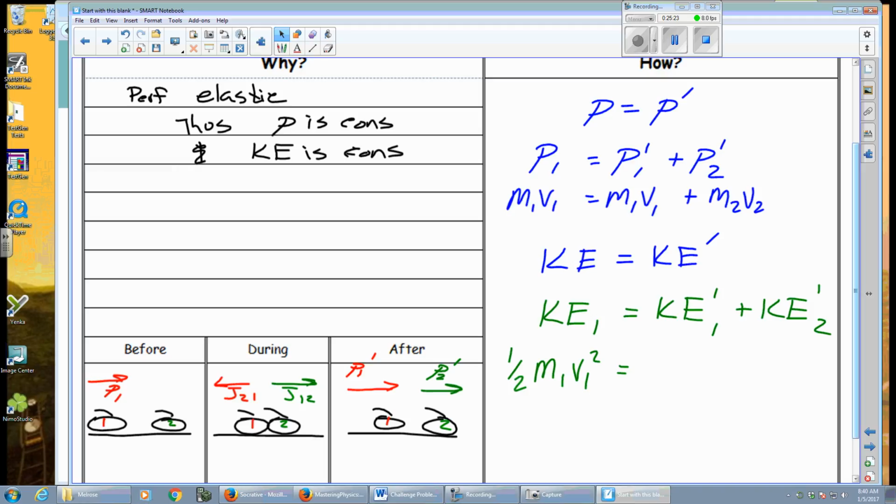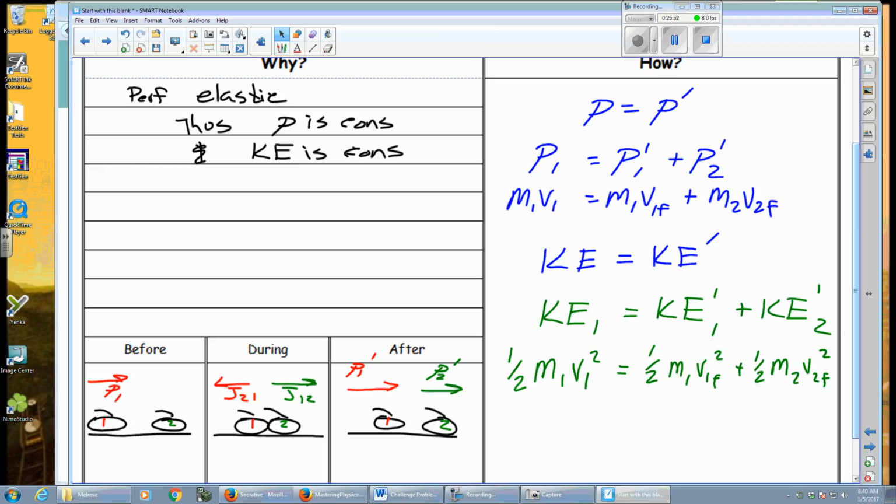We'll switch it to V1 final, V2 final. How's that? Okay. I know you have your mindset in one way. That's okay. I understand. Then 1/2 M1 V1 squared equals 1/2 M1 V1 final squared plus 1/2 M2 V2 final squared.